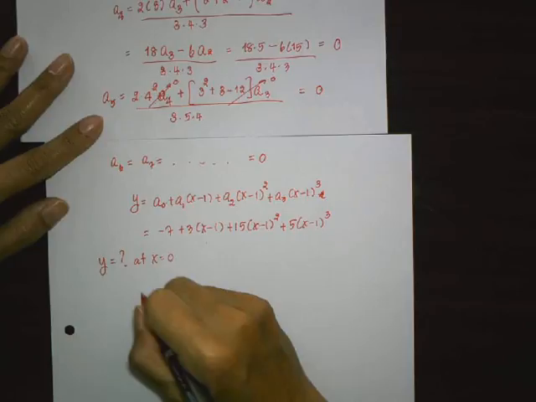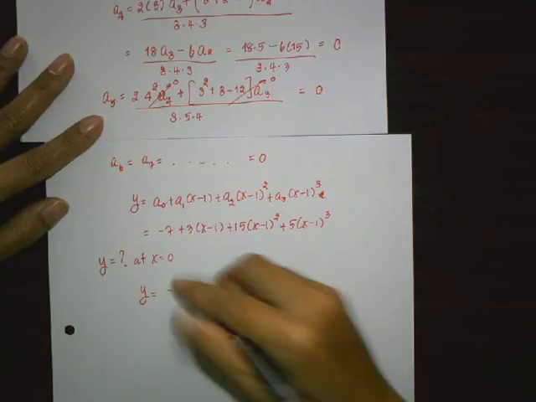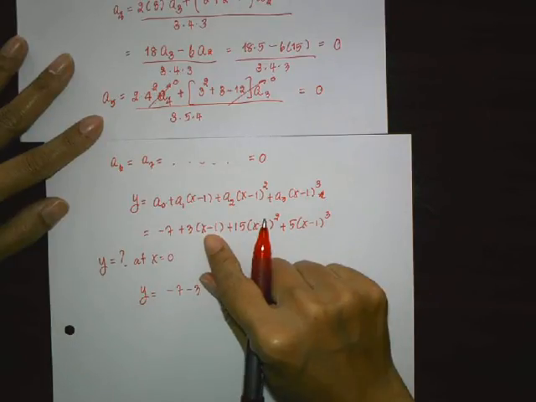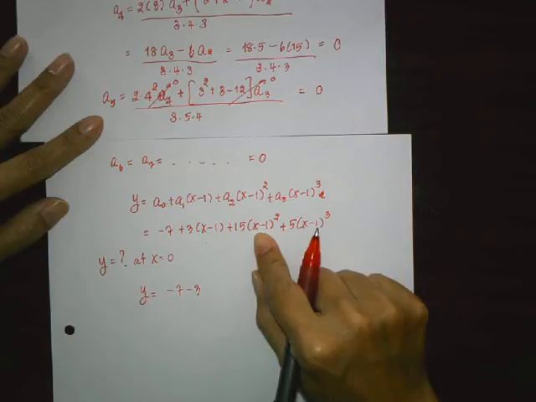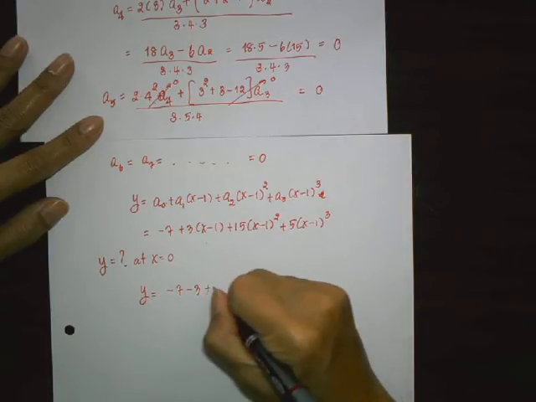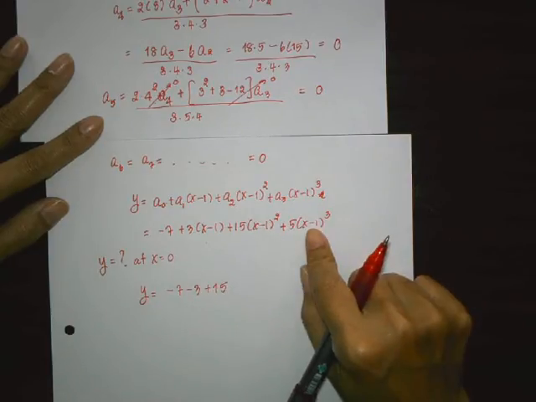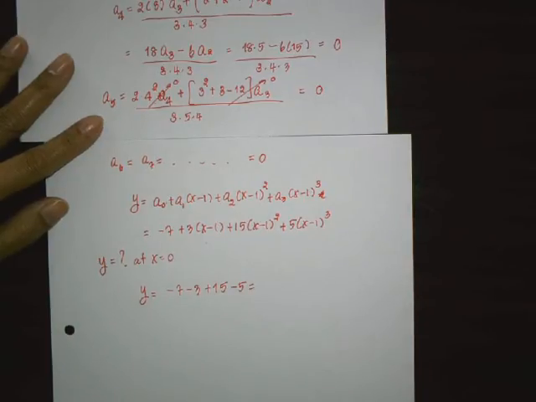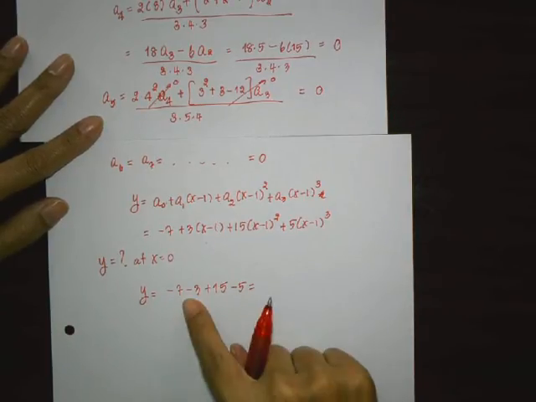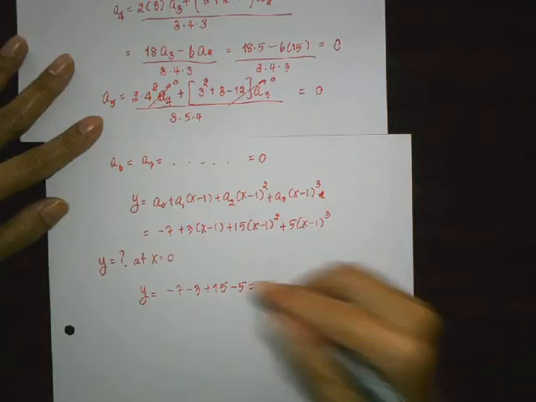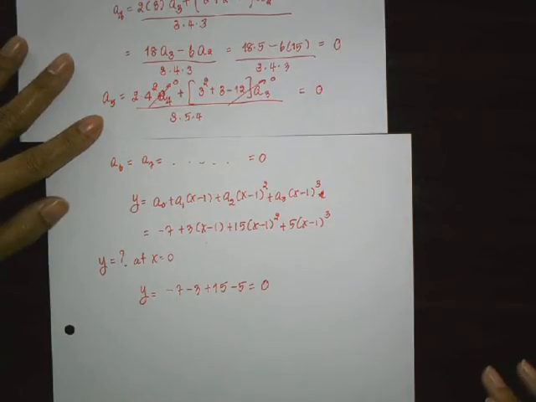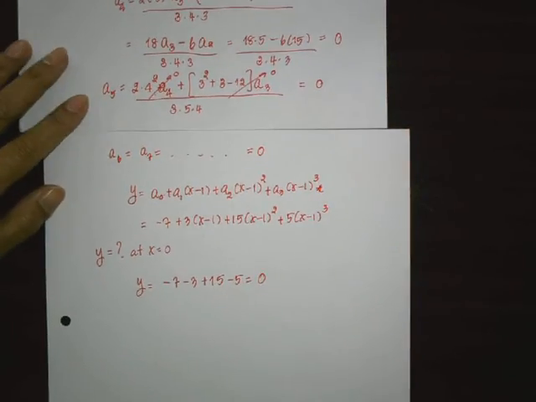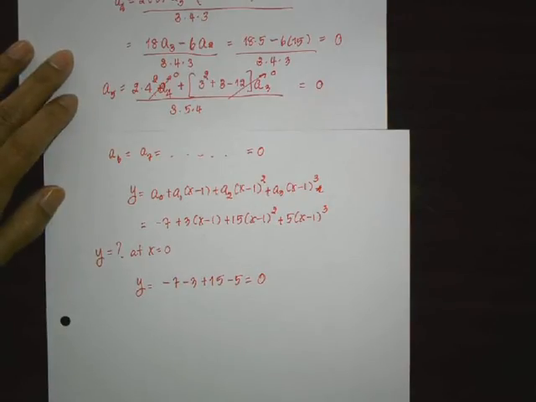So y is equal to minus 7 minus 3, plus 15, minus 5. What is it? 10, 15, 0. So the value of y at x equals 0 is equal to 0.